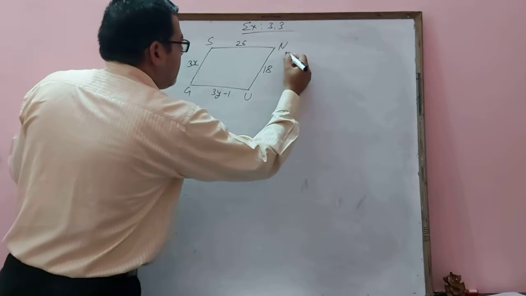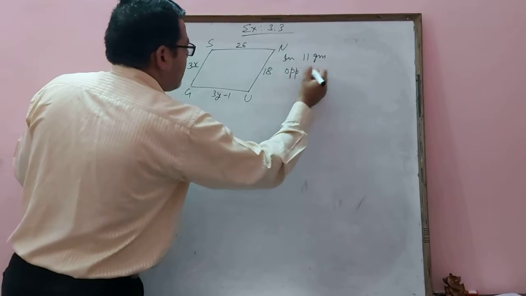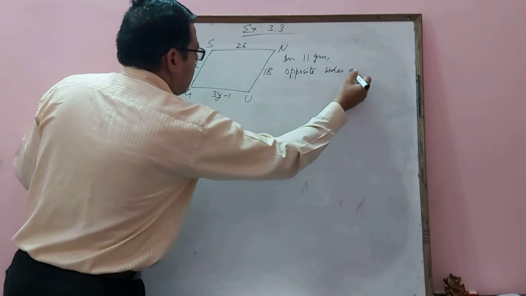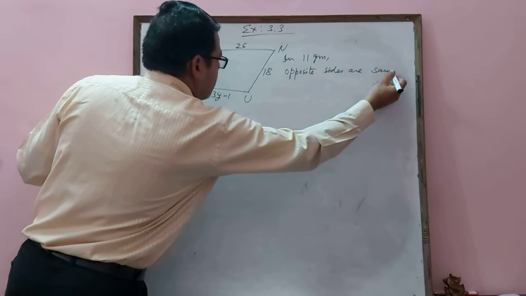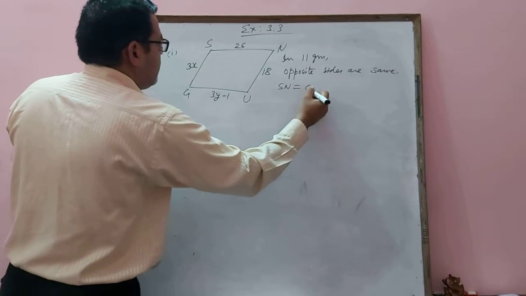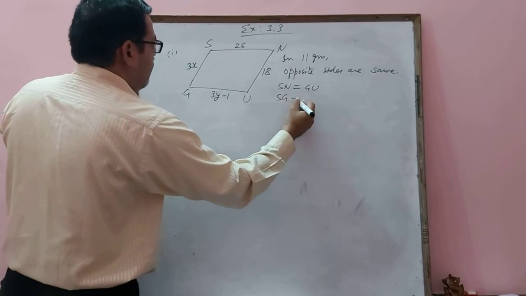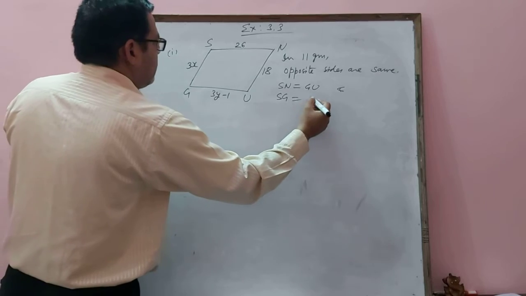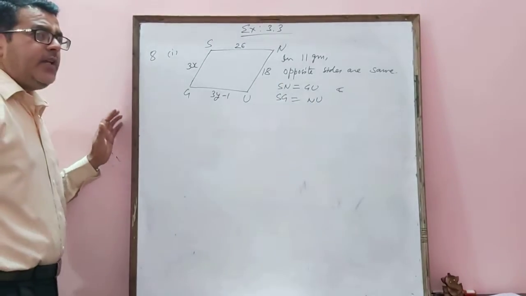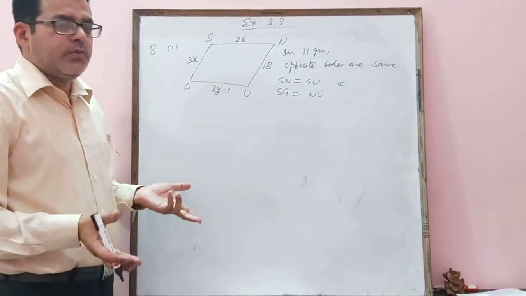So in a parallelogram opposite sides are same. So SN equals GU and SG equals NU, right? Opposite sides are same and parallel also, right?